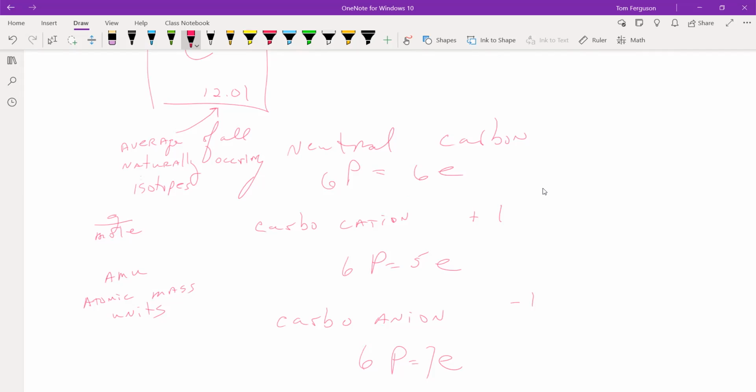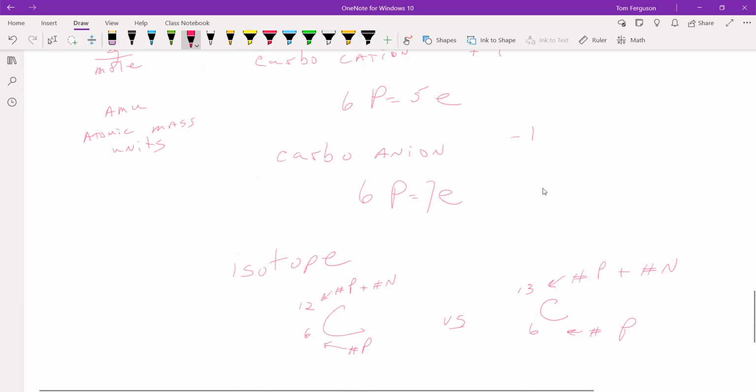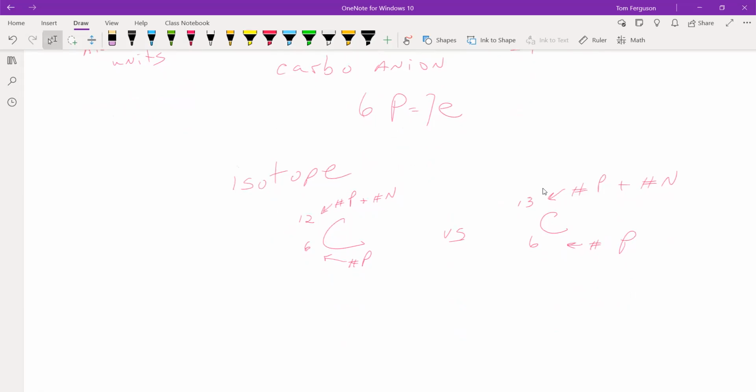Okay, so let's get back to this here now. The other way to write this would be carbon 12, carbon 13.